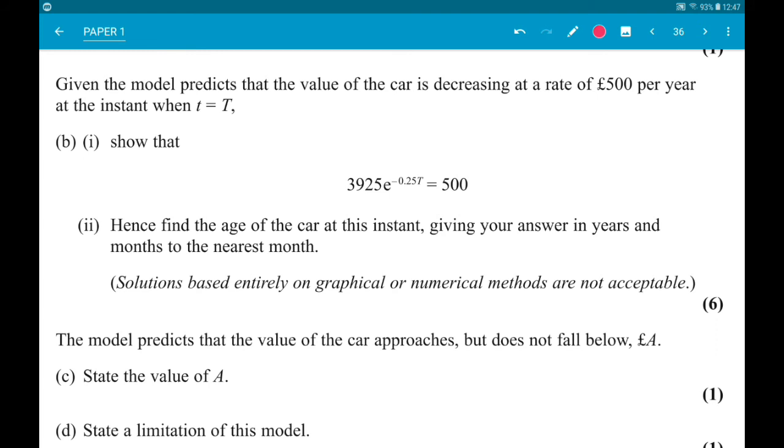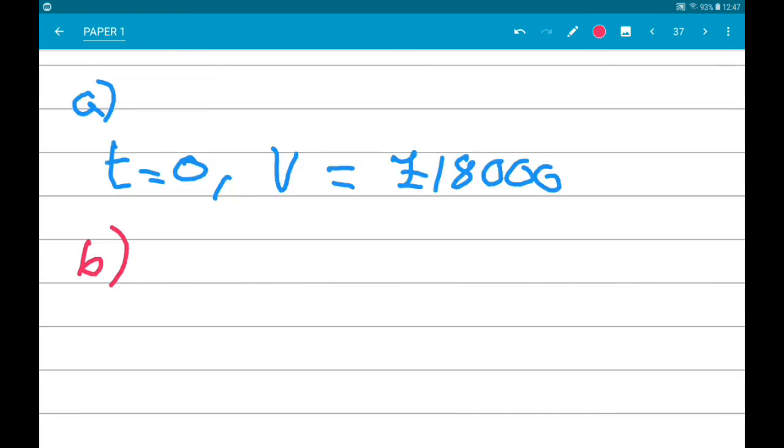So we need to find dv by dt. To differentiate exponentials, you differentiate the power, multiply that by the original function, or the exponential part.